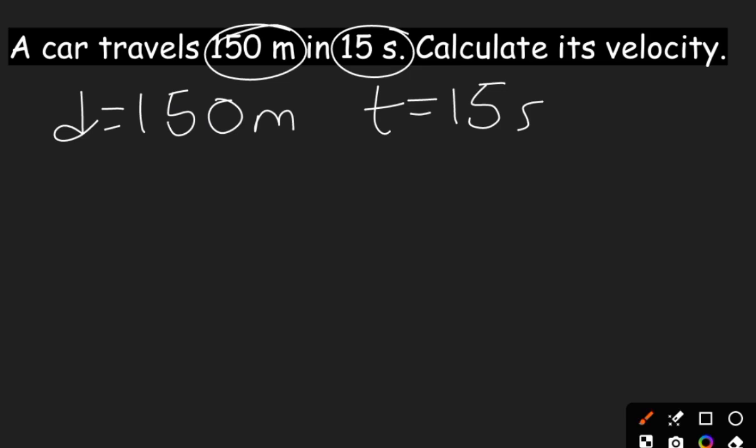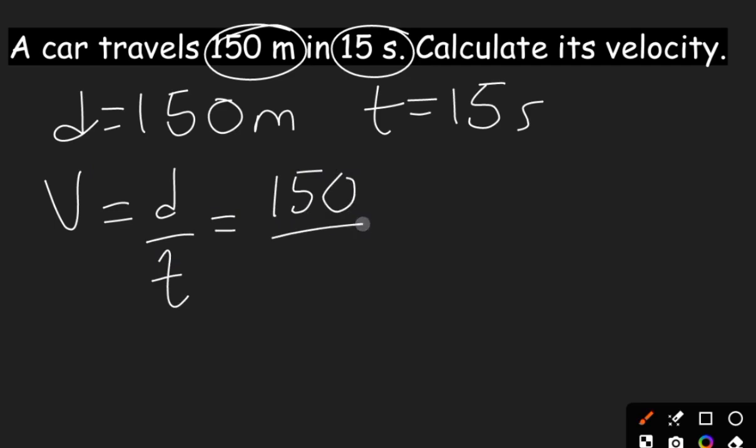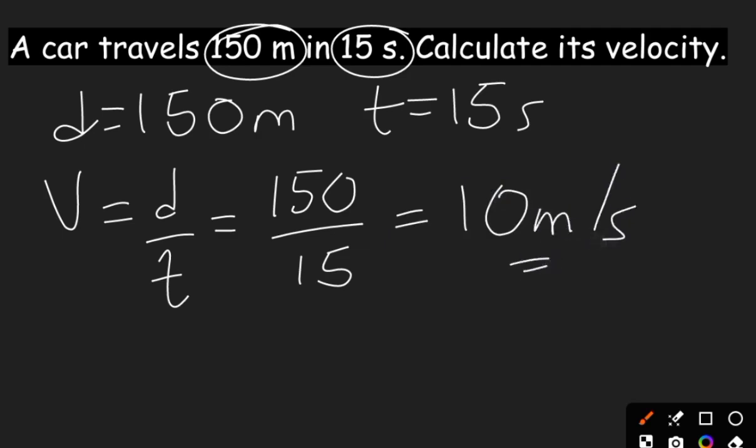So your velocity equals distance over time. So your distance is 150 meters over your time, 15 seconds. Doing your calculation, 150 divided by 15, you're going to have 10 meters per second. That's your answer.